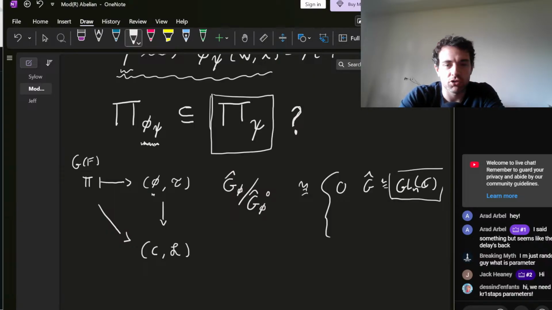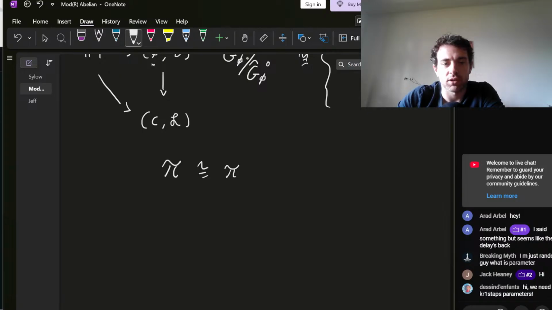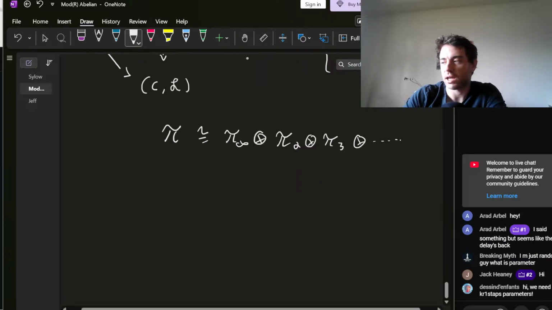One of the advantages to this is, so remember that we really want to study what are called automorphic representations. And so this is some kind of tensor product. This can be decomposed as some sort of tensor product over representations of all of the p-adics, including the real numbers.